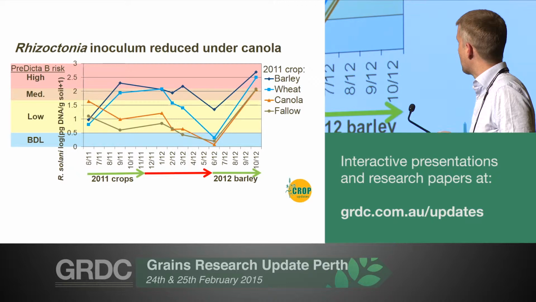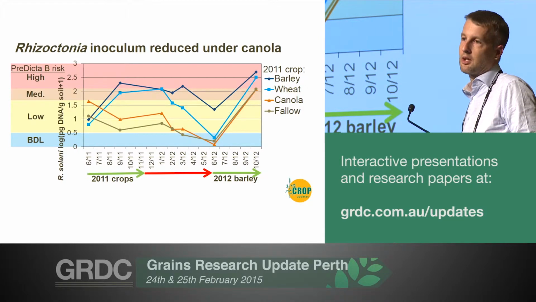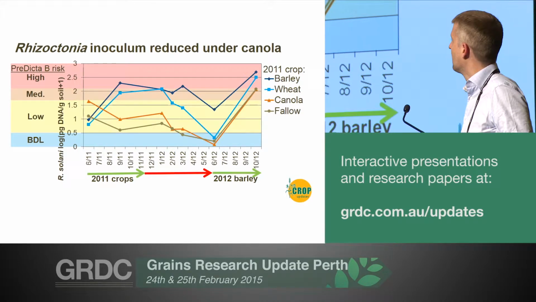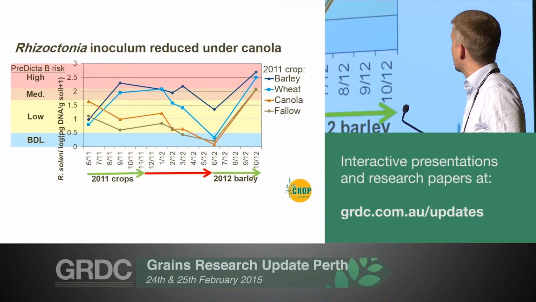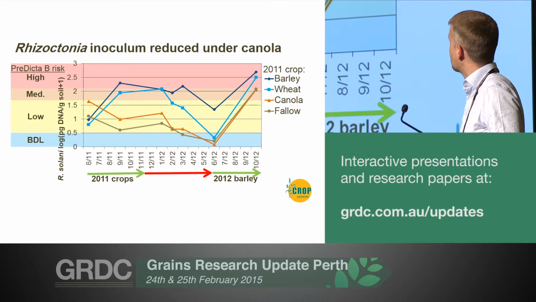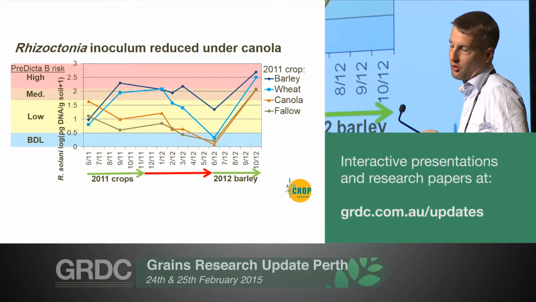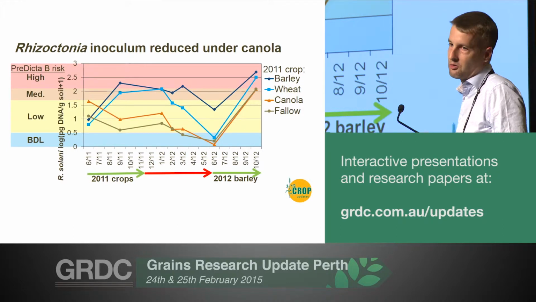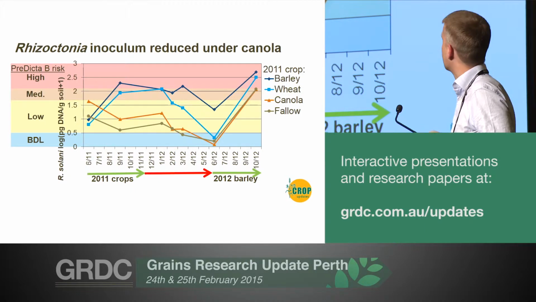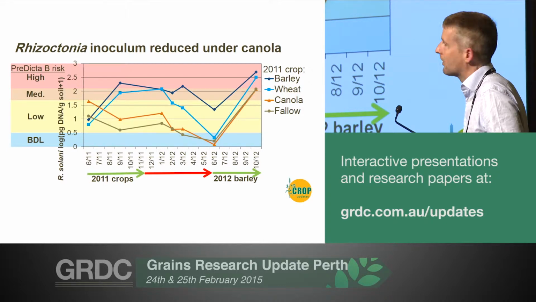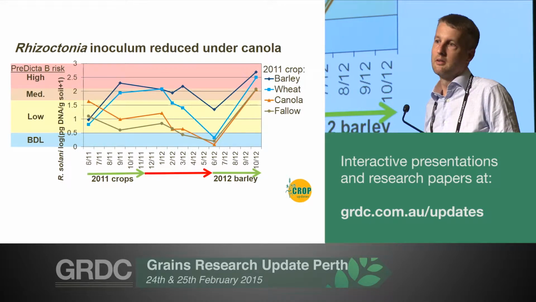So the first point there is beginning of the season prior to sowing, and roughly they all sit in the low level. And what you can see when you move up to the end of anthesis sample, the cereals increase. Barley in particular is higher, it goes up to the high level, wheat into the medium. Now the canola and fallow both are going down.